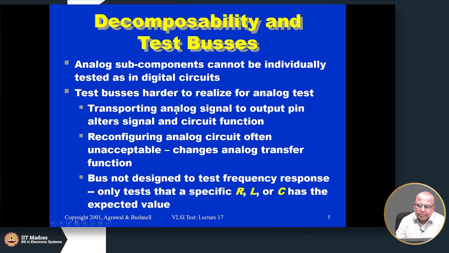So, many times you may have to test the functionality in an overall way rather than go and test all the individual parts. So, it is more of functional testing that we are referring to than digital tests.